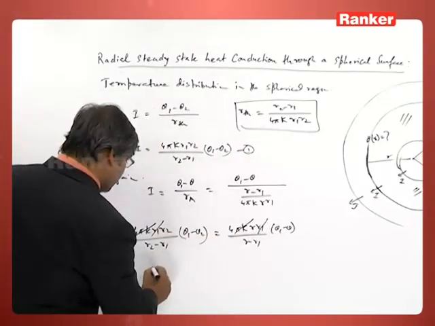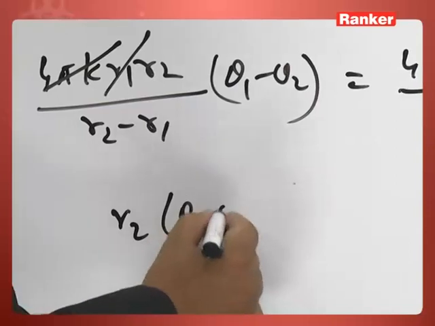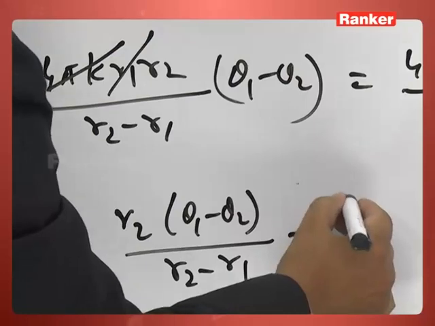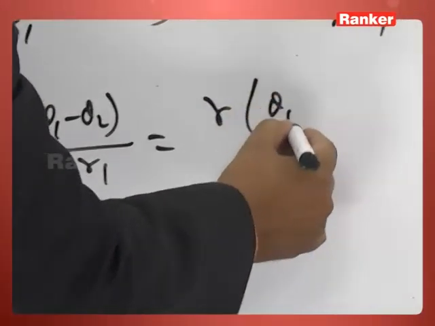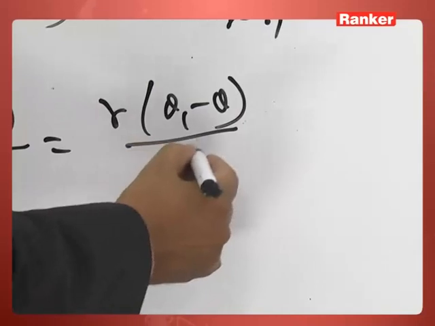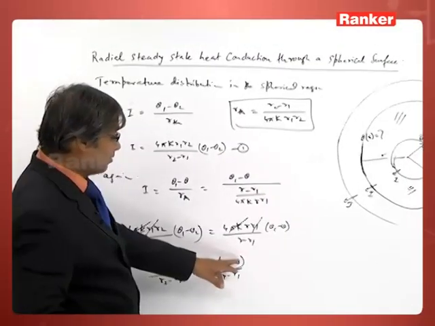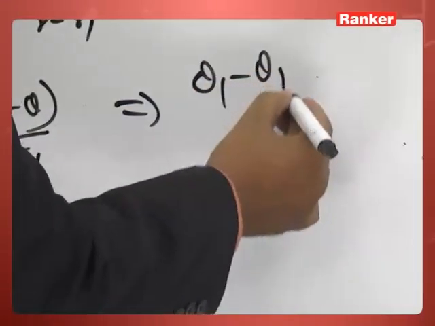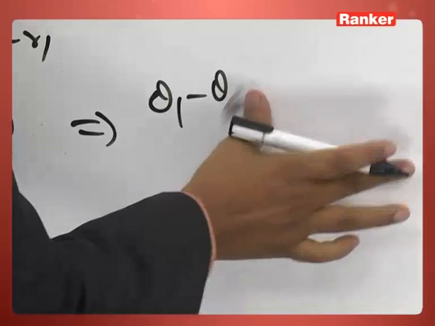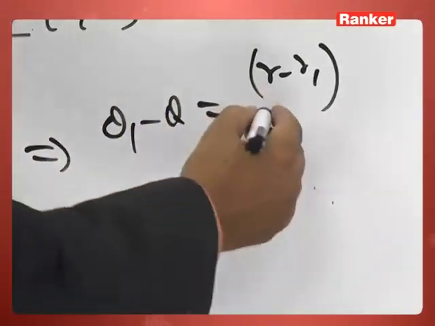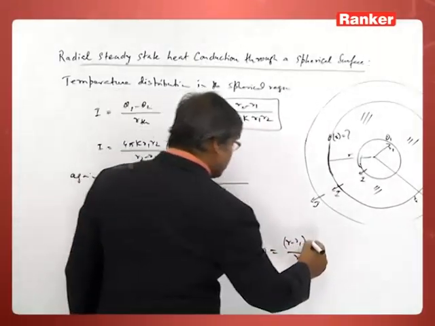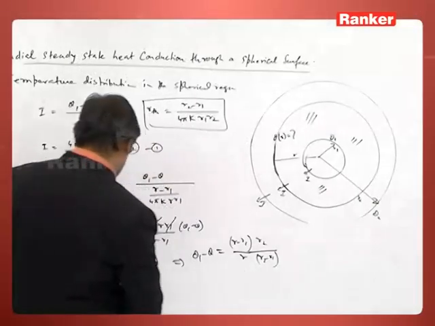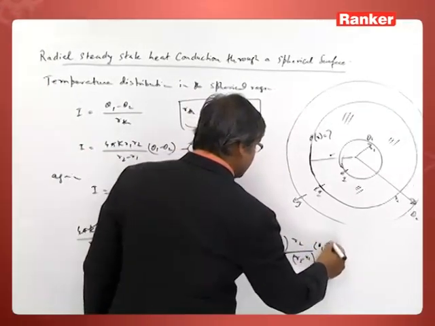So, now we got R2 (theta 1 minus theta 2) upon (R2 minus R1) is equal to R (theta 1 minus theta) by (R minus R1). We wish to calculate theta. So, this implies theta 1 minus theta is equal to (R minus R1) by R, into R2 by (R2 minus R1), then (theta 1 minus theta 2).